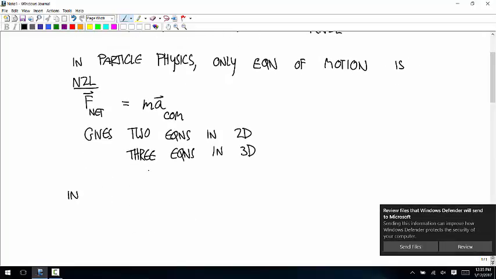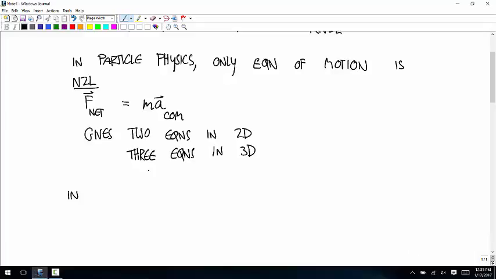In statics, Newton's second law reduces to F net is equal to the zero vector.